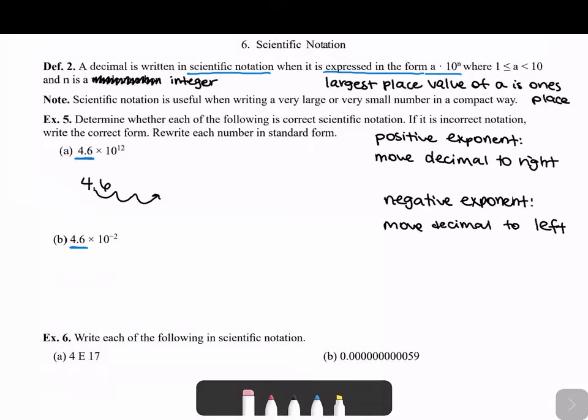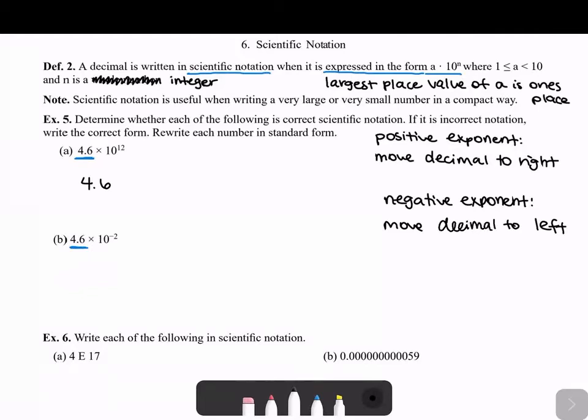And that's all you do to write a number from scientific notation to standard form. This is all explained in the textbook in chapter 7 on pages 270 and 271. So if you haven't read that, you can go back and do that just so this will make a little bit more sense to you.